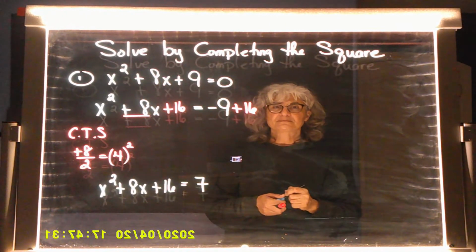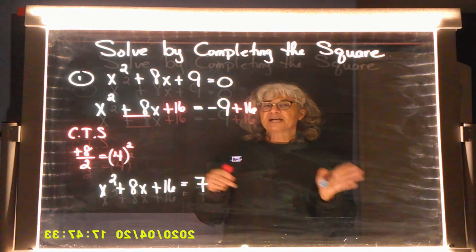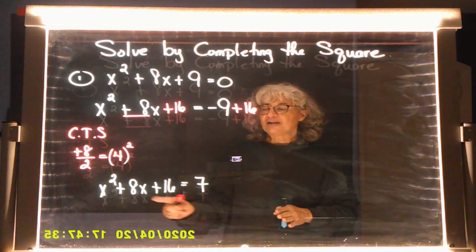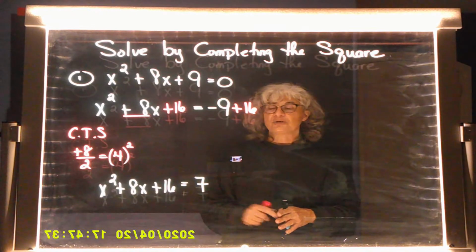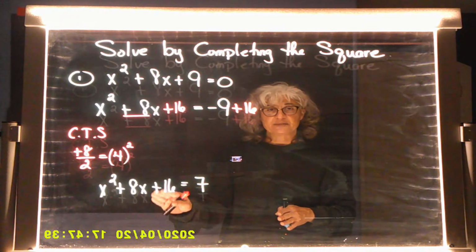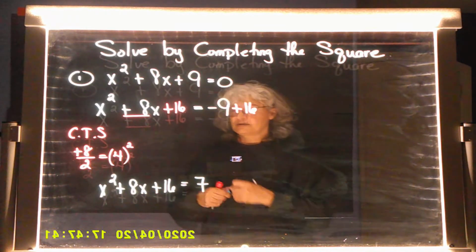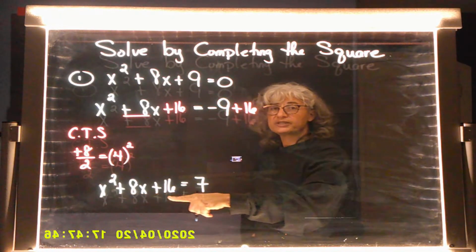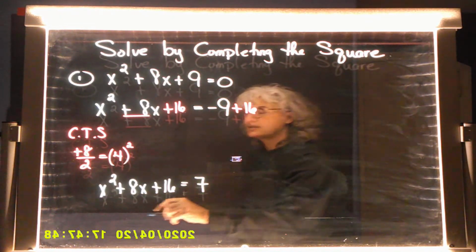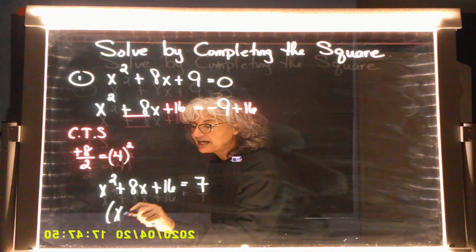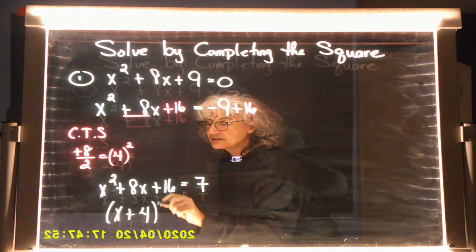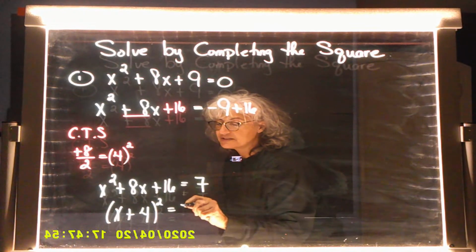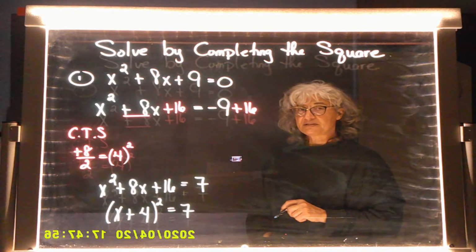Agreed? Now, remember the last 3 problems we did. After we completed the square, we could factor it to something times itself, couldn't we? So, what happens when you factor this x squared plus 8x plus 16? Yeah, it factors to x plus 4 times itself, doesn't it? Right?